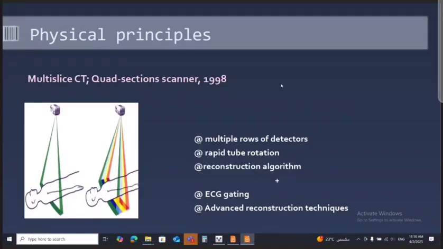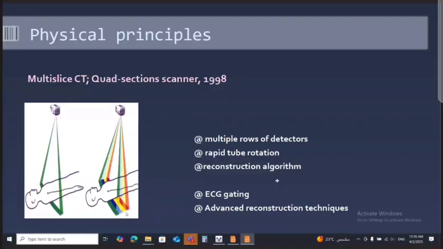The development after the helical CT was the multi-slice CT. The idea of the multi-slice CT was, instead of a single row of detectors and consequently a single image in the tube rotation, we have multiple rows of detectors, and we can acquire multiple sections in the same tube rotation.